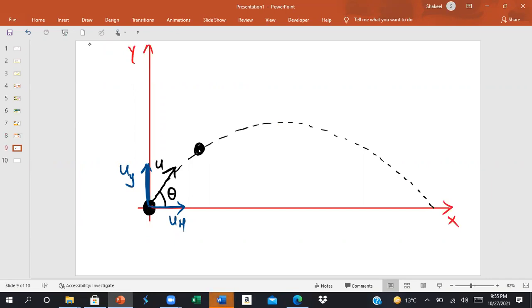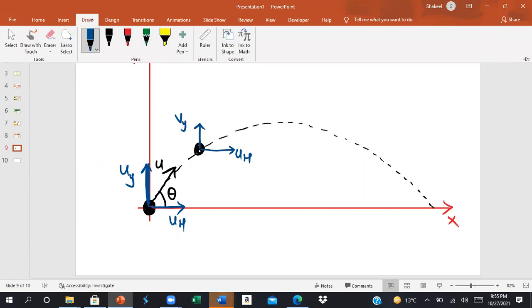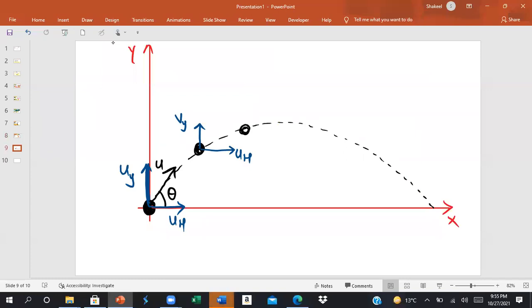Both have the maximum value at the start. Over here, at this point, the horizontal component will be the same, but the vertical component will be decreasing, and it is now vy. And then it reaches the next point, here, and then the highest point.